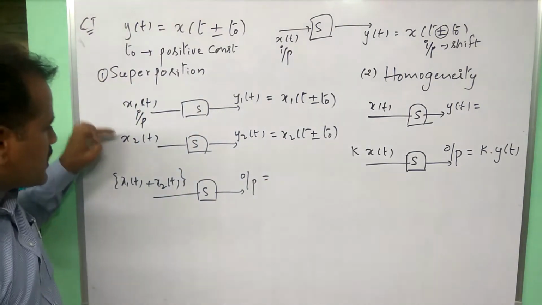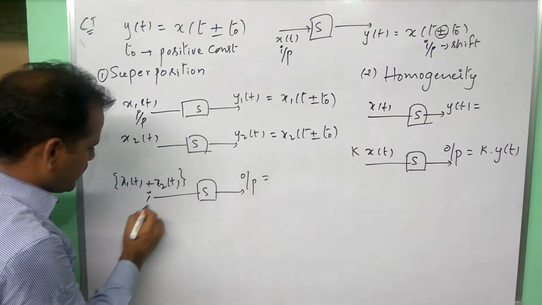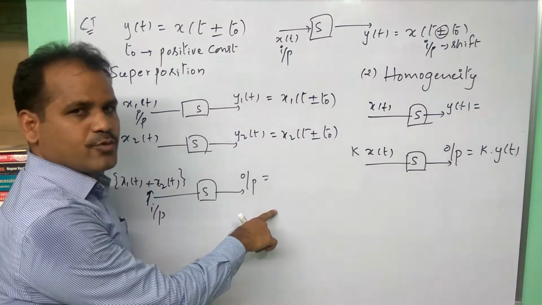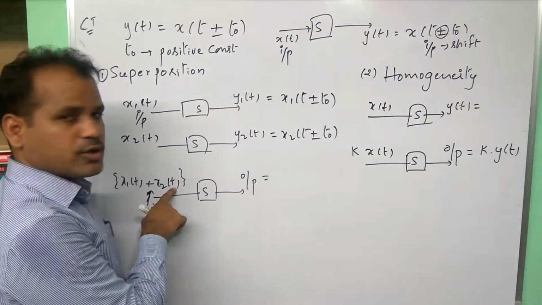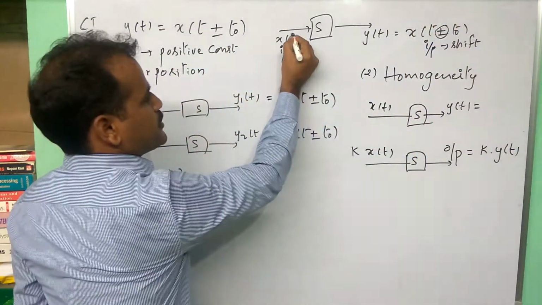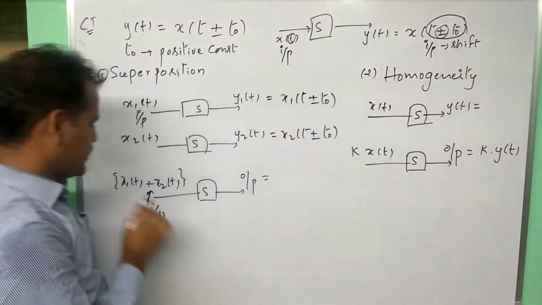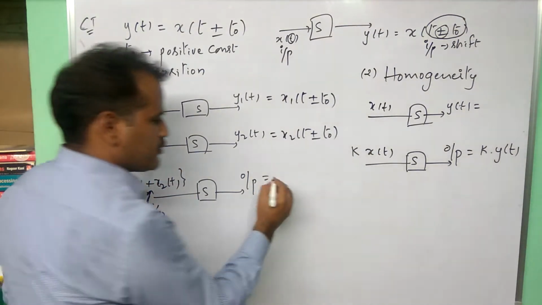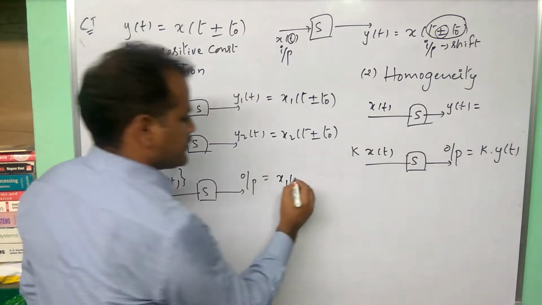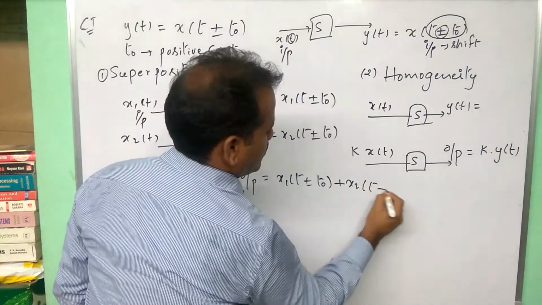Now the inputs are combined, x1 plus x2. Whatever input is applied here, it should be delayed in the output. That means every t should be replaced with t plus or minus t naught. Both signals are shifted, so we get x1 of t plus or minus t naught plus x2 of t plus or minus t naught.